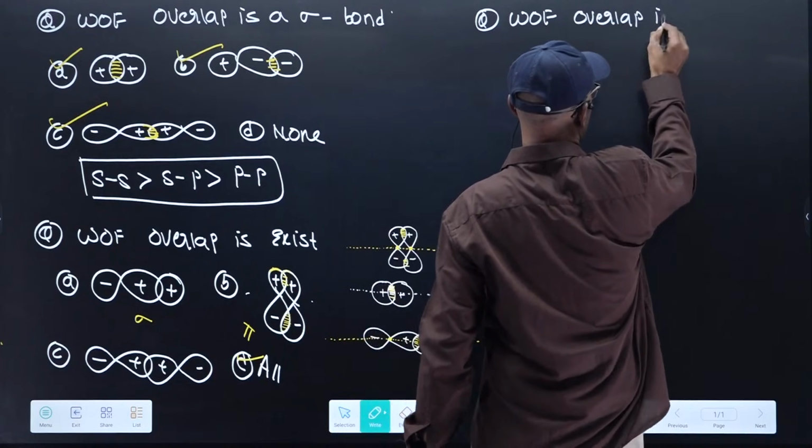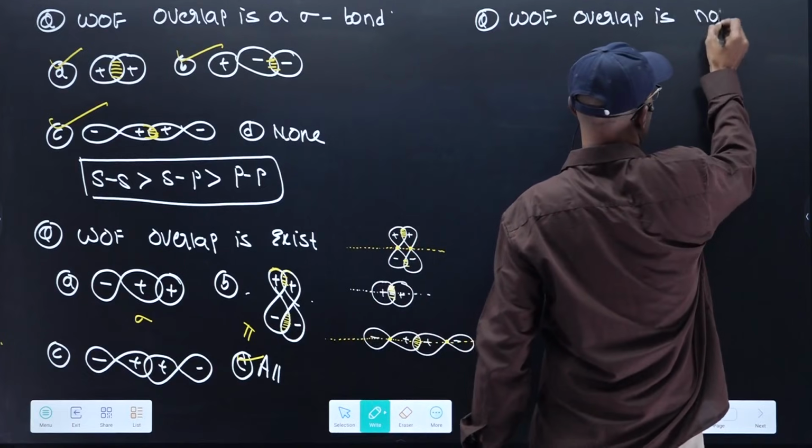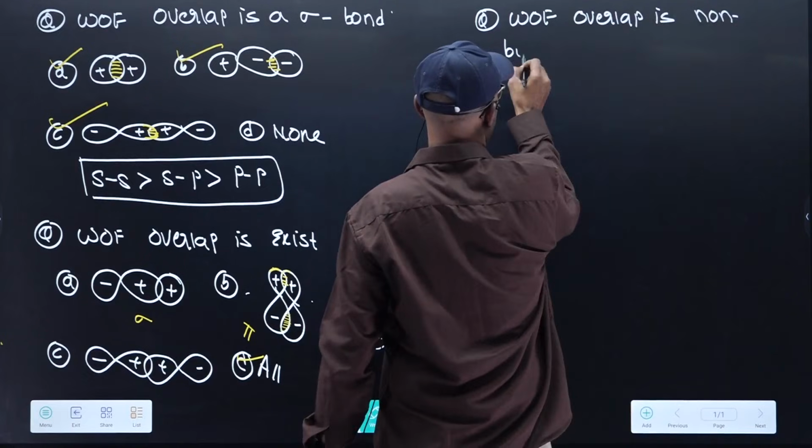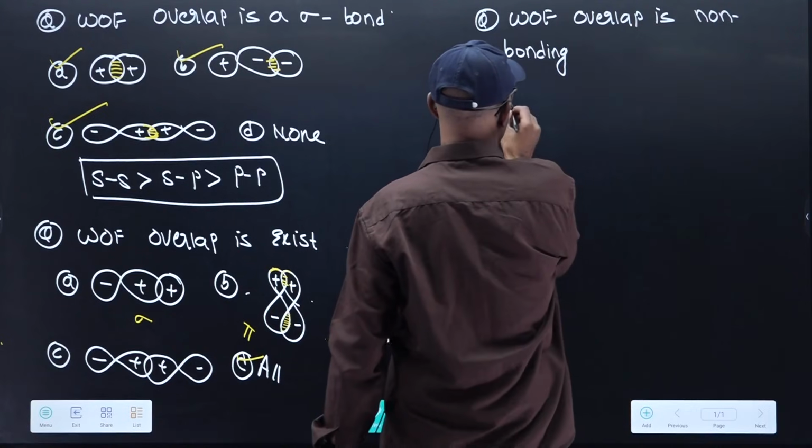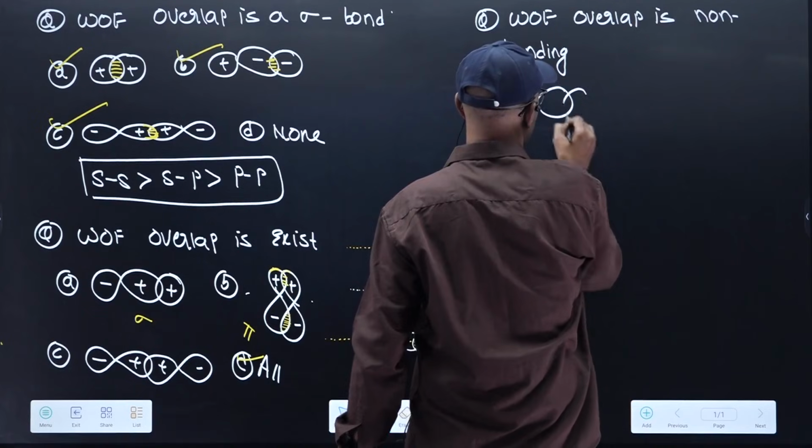Which of the following overlap is non-bonding? Which is a non-bonding overlap?